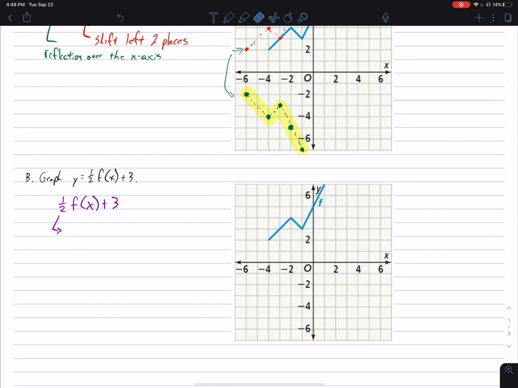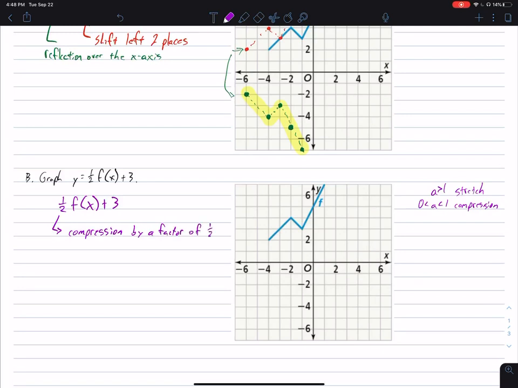And if we remember, if a is greater than 1, it's a stretch. If a is between 0 and 1, it's a compression. So in this case, 1/2 is between 0 and 1, so this would be a compression by a factor of 1/2.